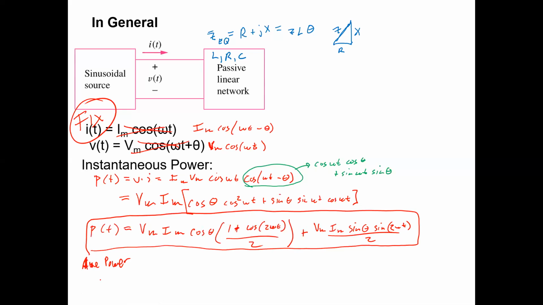So the average power, capital P, is going to be VMIM over 2 cosine of theta, in watts. And that is also going to be the same as these effective RMS values, V effective, I effective cosine of theta, which is kind of cool.